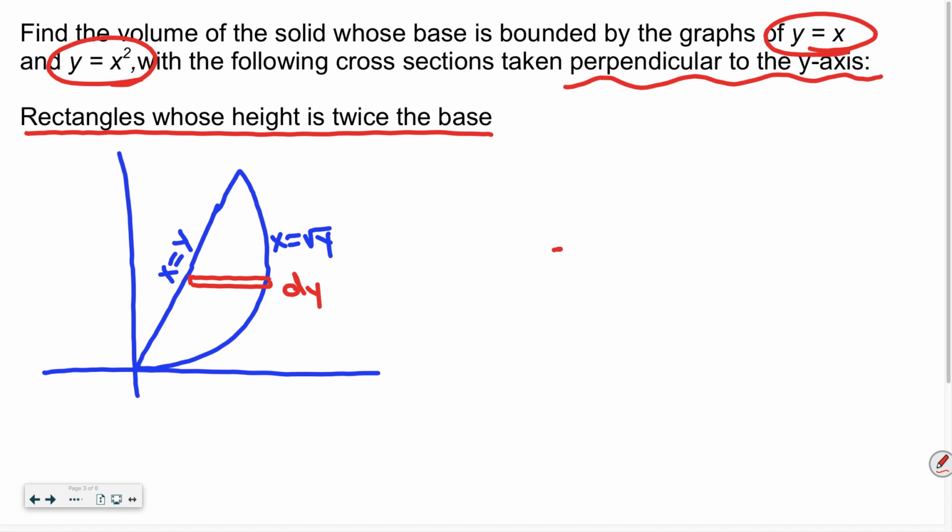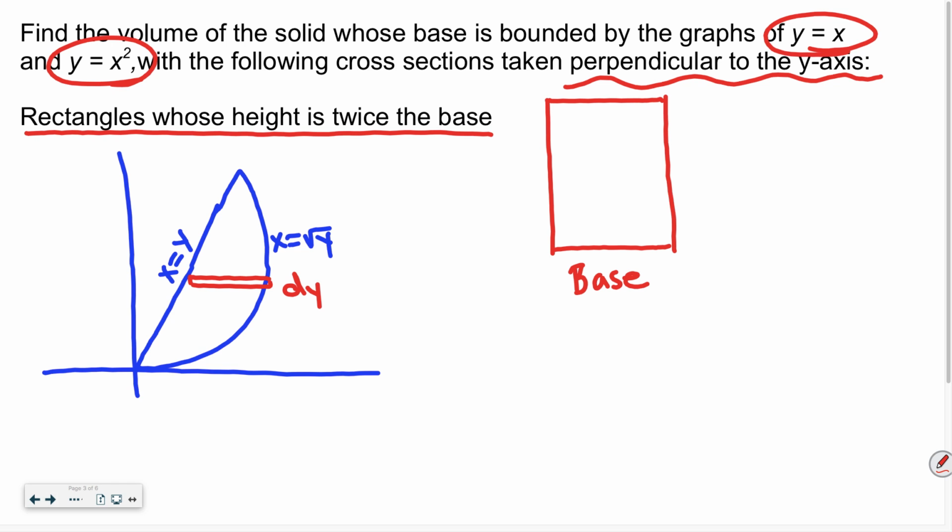Okay, so we have rectangles whose height is twice the base. So this rectangle that I drew right here, popping out of it, is a rectangle whose height is twice the base.